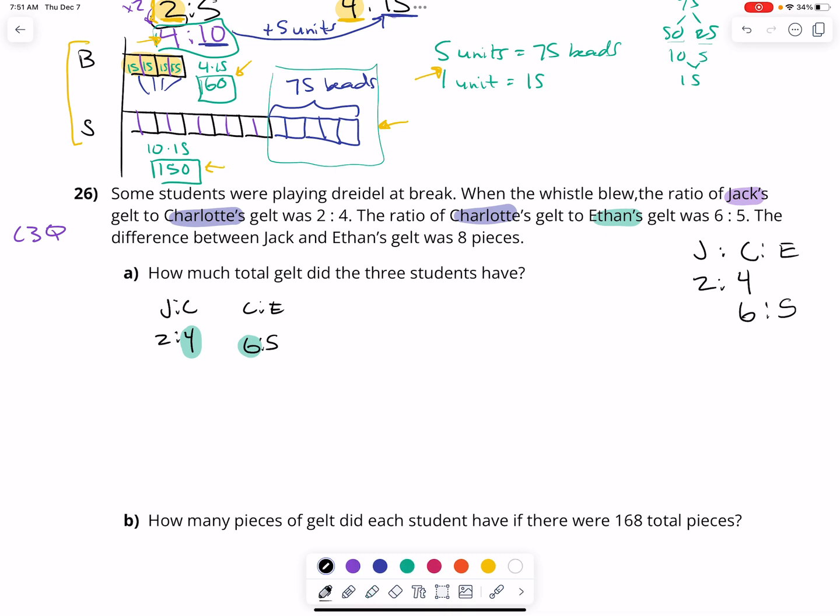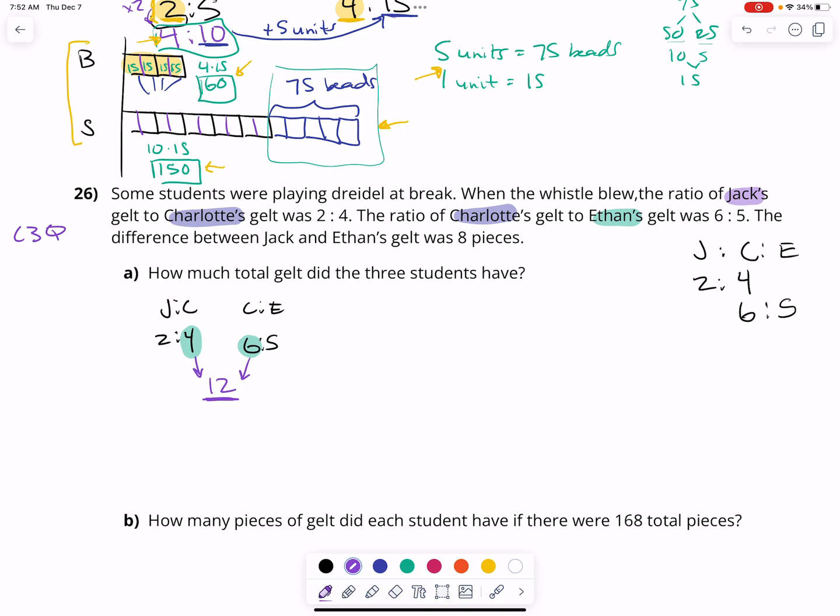So we need to find a common number for both 4 and 6, so that we can convert both of these ratios into equivalent ratios that give us the same number. Now I could do 4 times 6 and get 24, but from chapter 1 I remember the least common multiple, that for this one it could actually be 12.